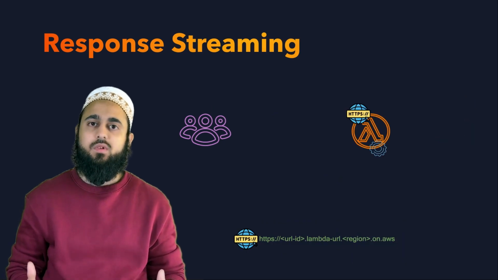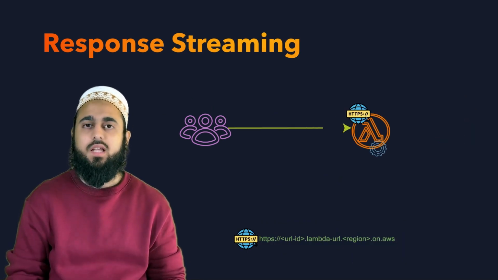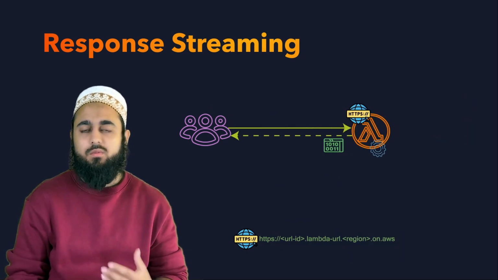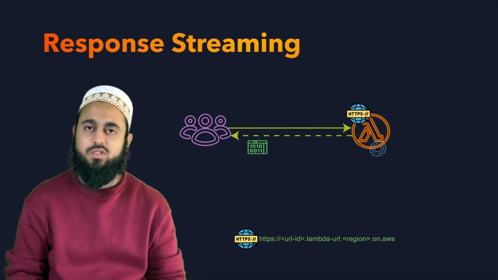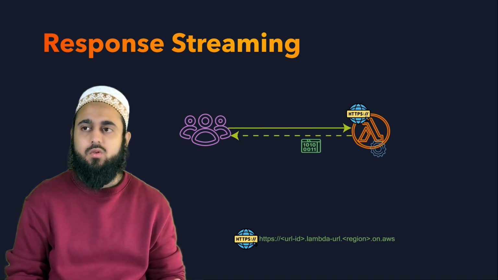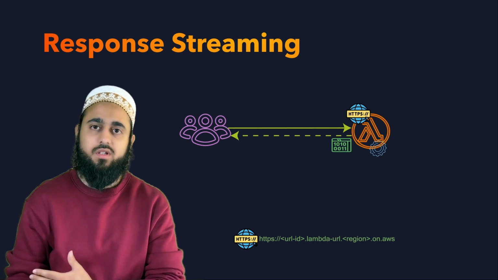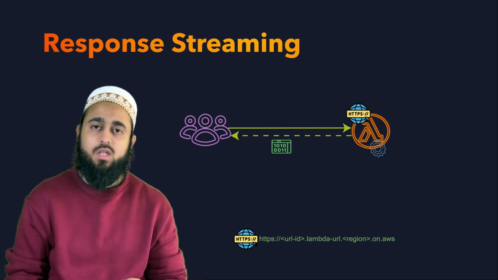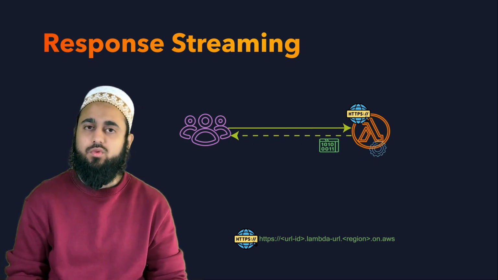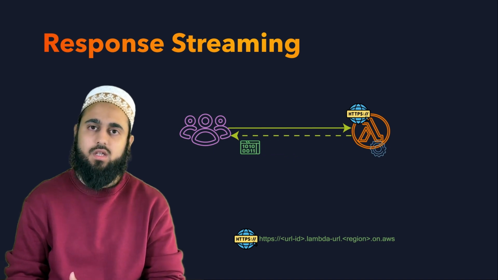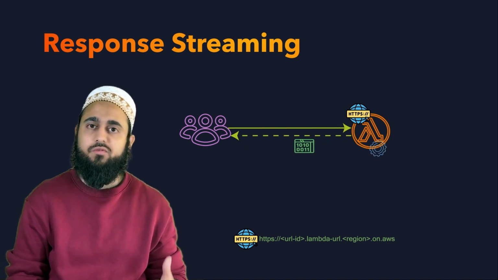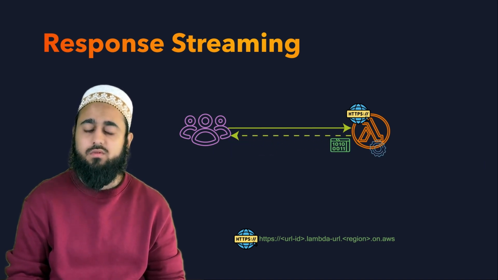Moving on to the second pillar of this design, which is AWS Lambda response streaming. AWS Lambda response streaming is a feature introduced by AWS, which comes with two significant benefits. One, it significantly boosts the time to first byte, which makes applications load faster and become more responsive.